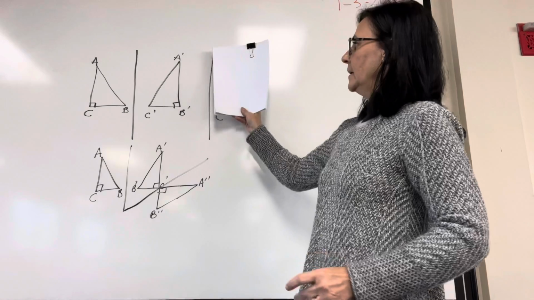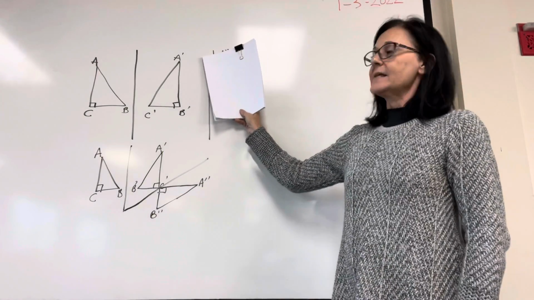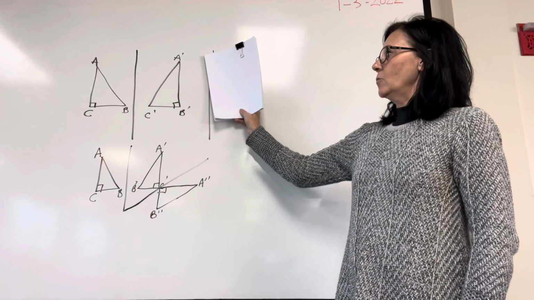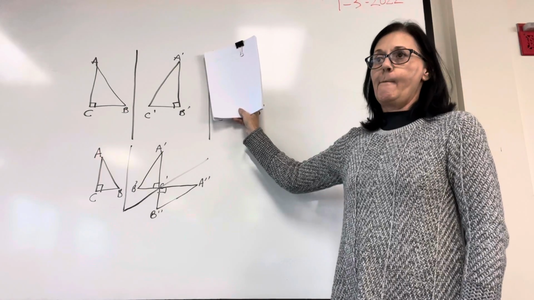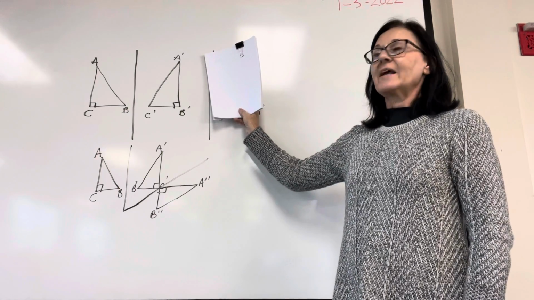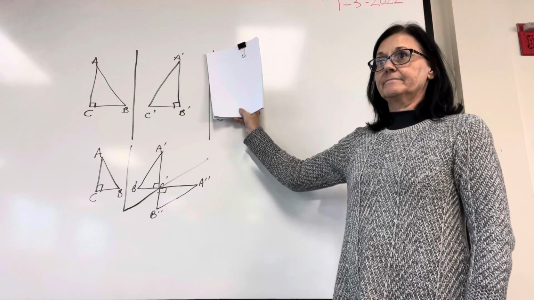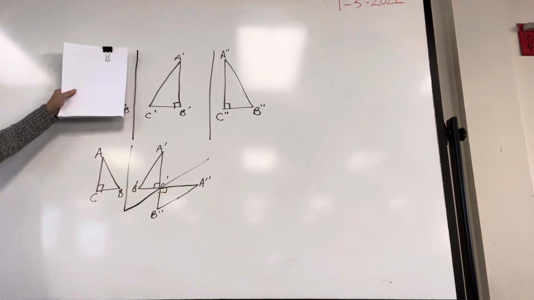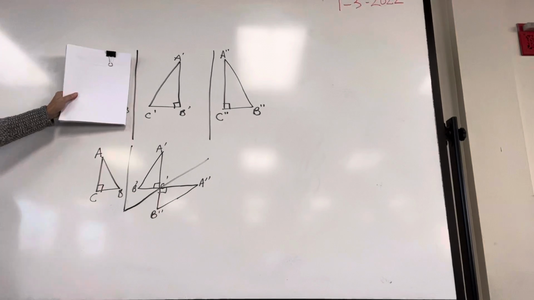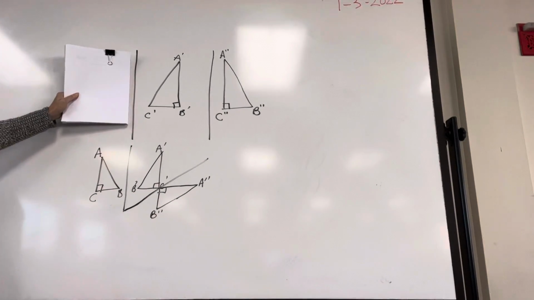All right, what is ABC? What type of transformation is ABC to A prime, B prime, C prime? Yes. It's a reflection. That is correct. All right. What is A prime, B prime, C prime to A double prime, B double prime, C double prime?